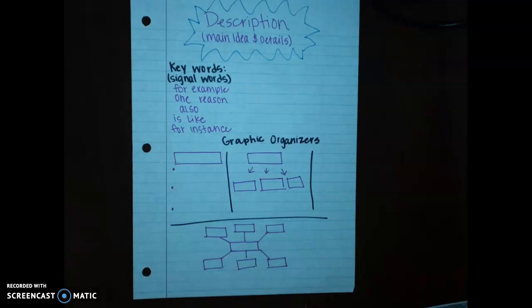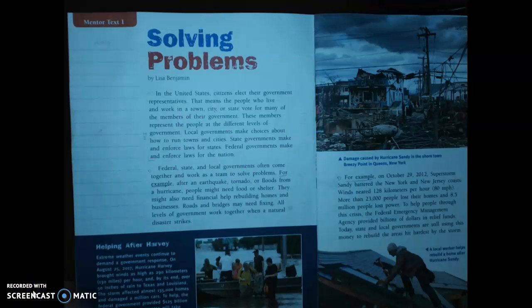So I'm going to show you what I mean and how we can use these by reading a story called Solving Problems. You can find this story in your mentor text that you started using last week. It is on page 6, and I will show you right now what I'm talking about. So here's a story that I'm talking about.